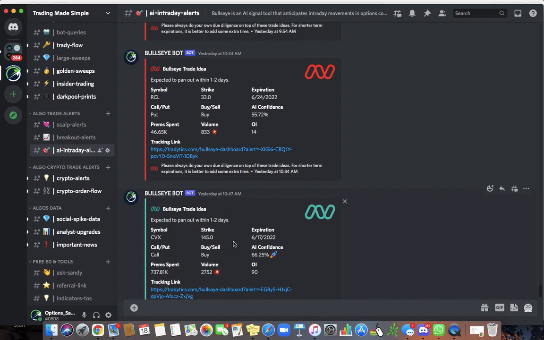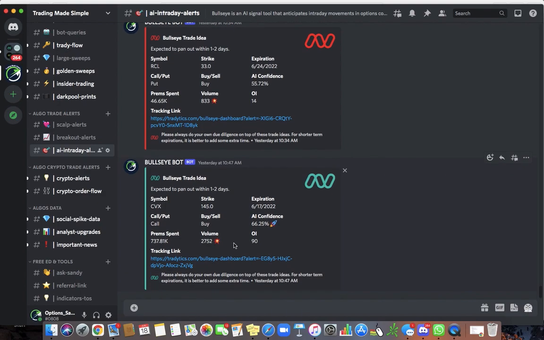So you need to really respect your risk rules, look at the chart, and then see when a good entry is for that, especially when the AI bots have identified that this may be a play here within the next 1 or 2 days.